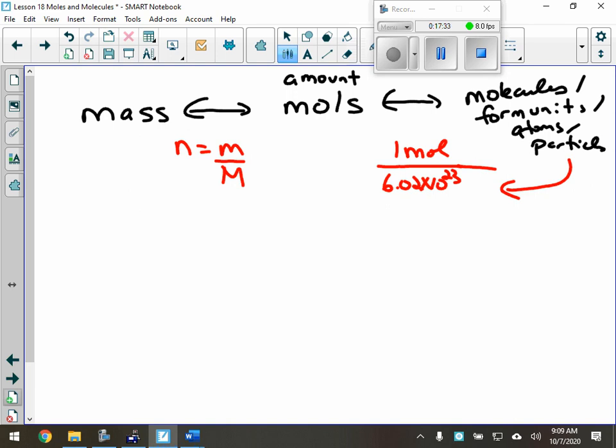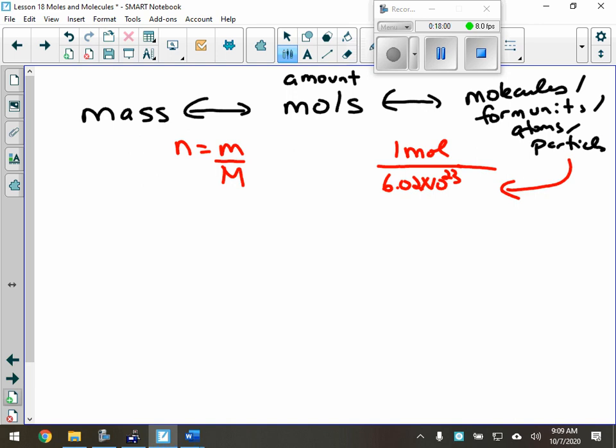So again, we might start here and go to moles, to molecules, or we might start here and go to moles to mass. We might start somewhere in the middle and only do one thing. If I started here and went to mass, that was yesterday's homework that we just went over.